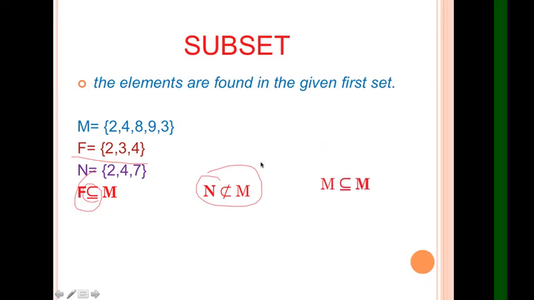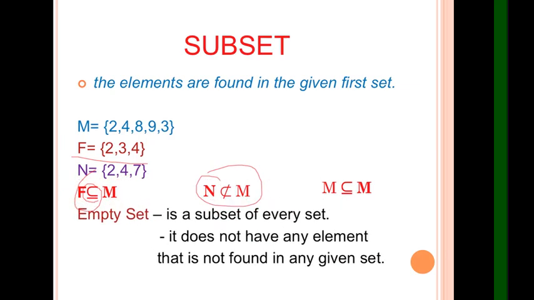So, again, M is a subset of M. M itself, correct. Kahit yung self niya, pwede niya maging subset. Okay? Pwede kong kunin yung buo niya at gawin ko siyang subset. As simple as that. So, empty set is a subset of every set. I repeat. Pag sinabing empty set, sinabi ko na kanina yung empty set, it is null set. Diba? Yung wala siyang elements.